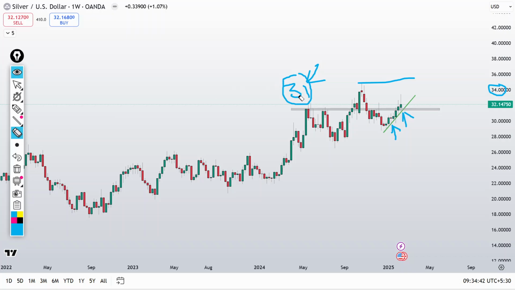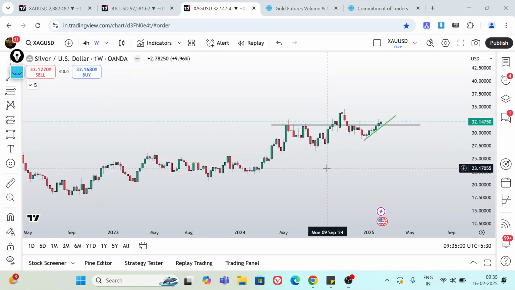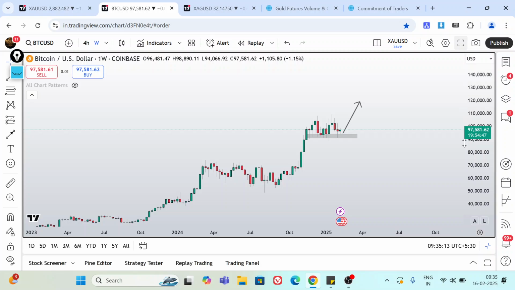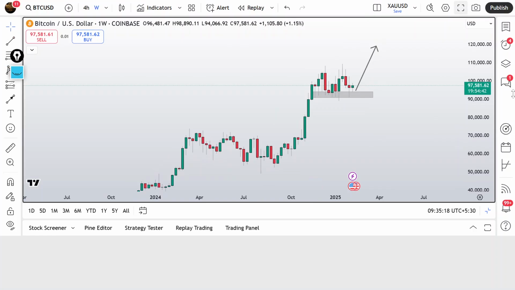I am repeating it again on price action, because we have seen a very good pump in silver on weekly closing, and that is showing the strength of silver, and we have to plan our buy accordingly. So silver is also bullish, and yes, a little pullback is possible, but I think it is not going to go into a much deeper correction.